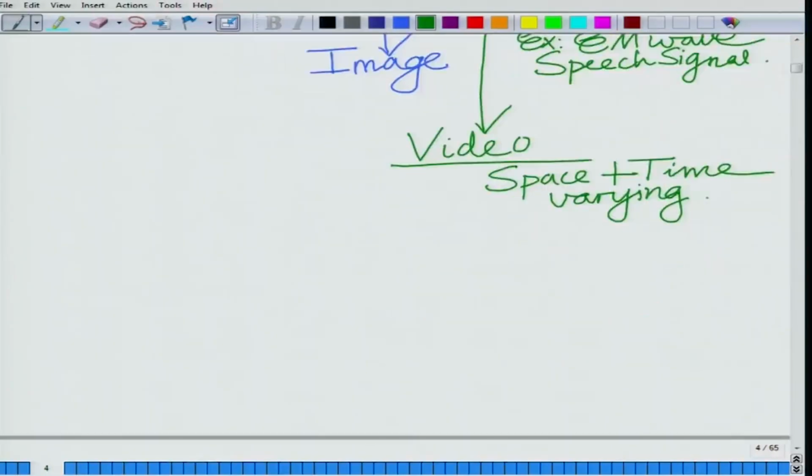Now, typically when we consider time signals, we represent them using x of t, okay, and these are the signals that we typically consider.